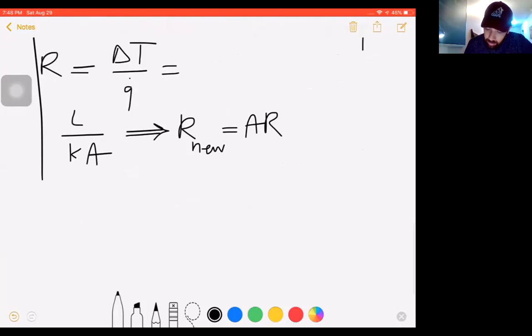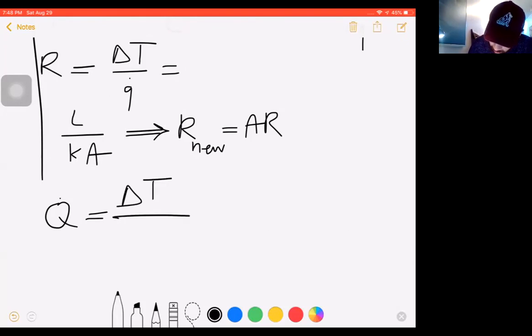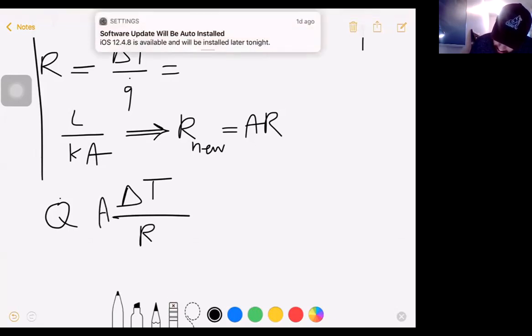So when we want to find the total heat rate, we put the temperature difference over R, and we have to add an area term here because we had removed it previously.